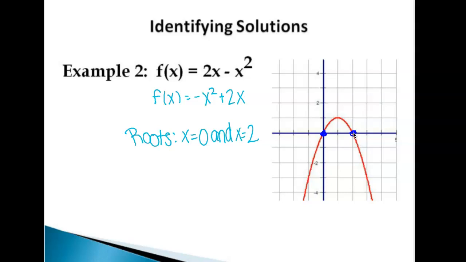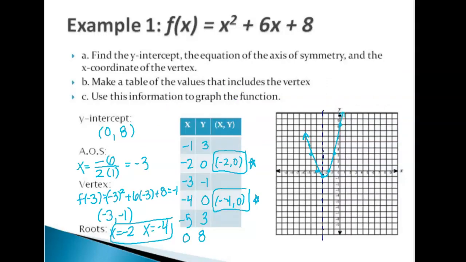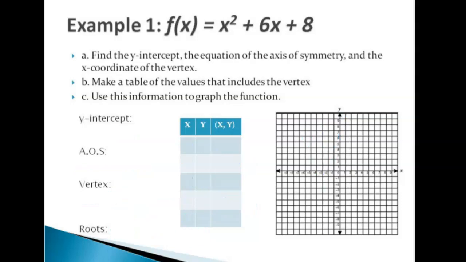If you don't have the graph, that's why last week's lesson about graphing is so important. We're going to do all those same key pieces of information, but now we're going to identify one additional piece, which is the roots.